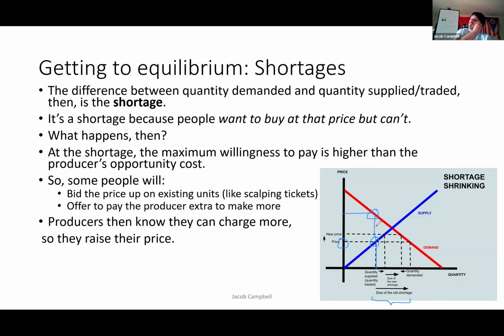Or it could be that the producer recognizes that there is a shortage, and so they raise their prices, knowing that the consumer will willingly pay more. Or this could be done with no communication at all. It could instead be done implicitly, just by recognizing that there are empty shelves.